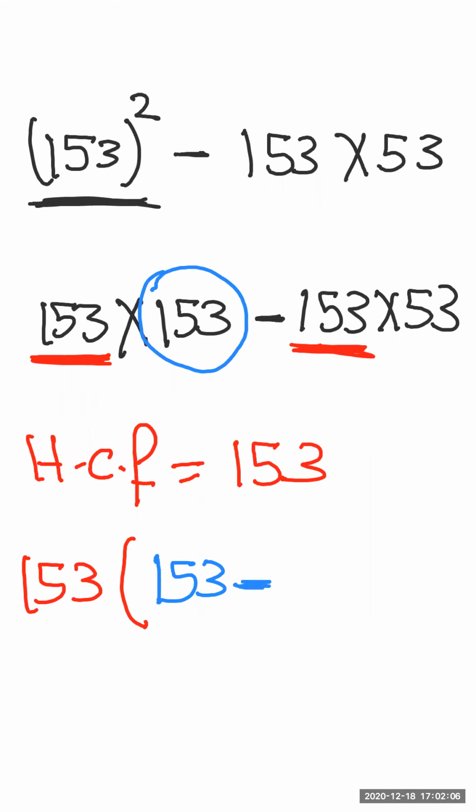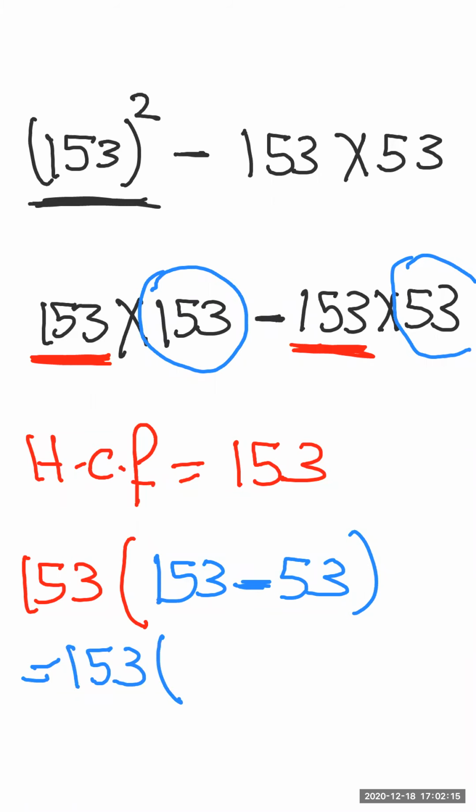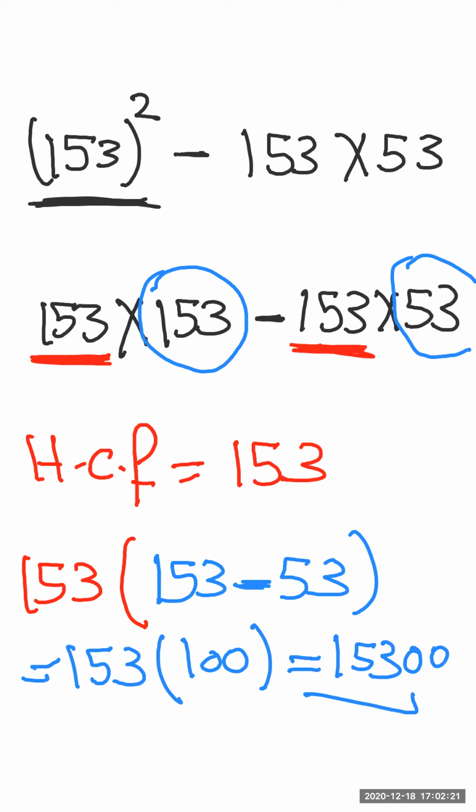Then minus, what will be the remaining here? Only 53. So it will equal 153 times 100, which equals 15300, like this.